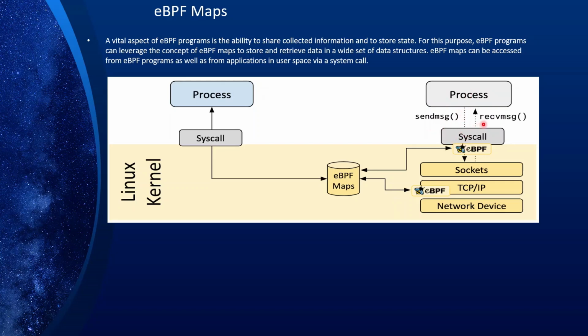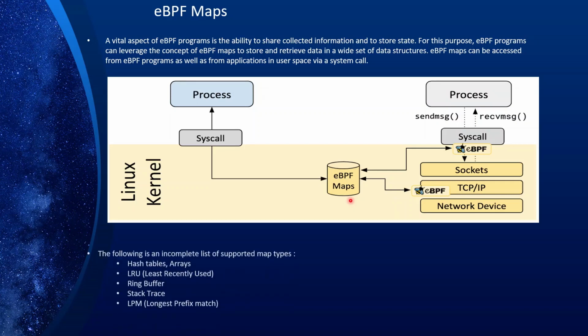For instance, in this scenario, we have send and receive message events, and then through a process, applications outside can access the maps inside the kernel. And then as we go through Cilium and how networking works, I'll show you how, for instance, the information about what pods are behind a cluster IP service is stored inside maps.